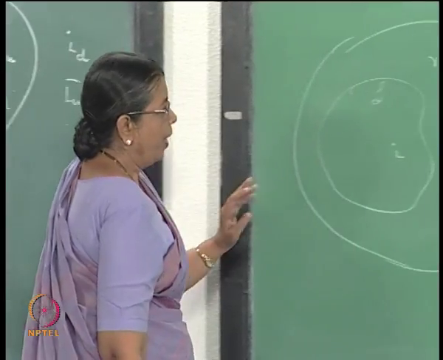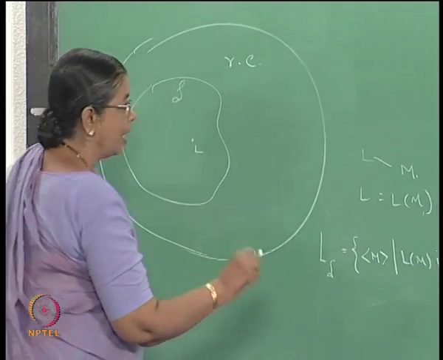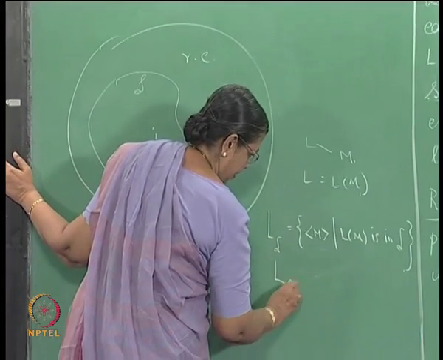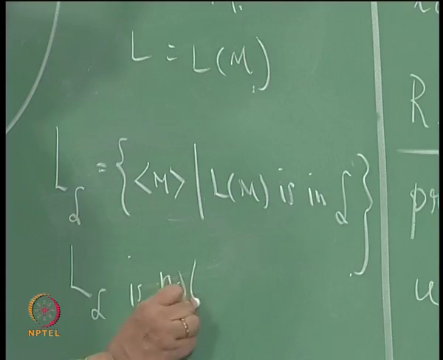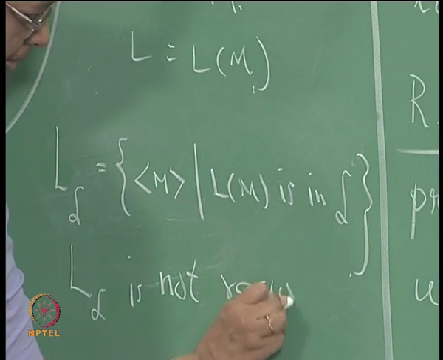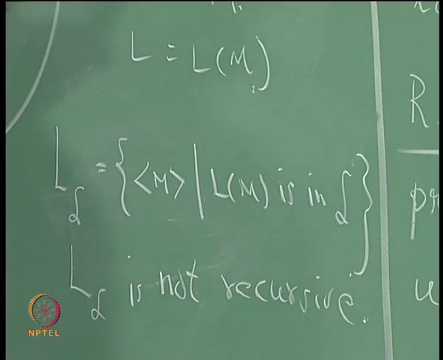What we want to prove today is that L of S is not recursive. How do you prove this?